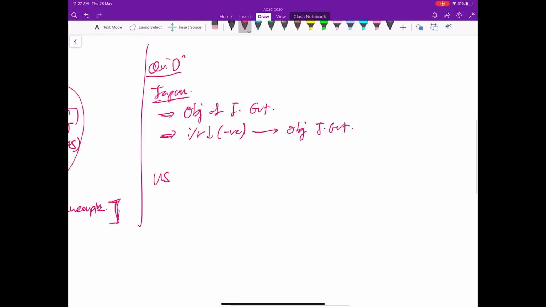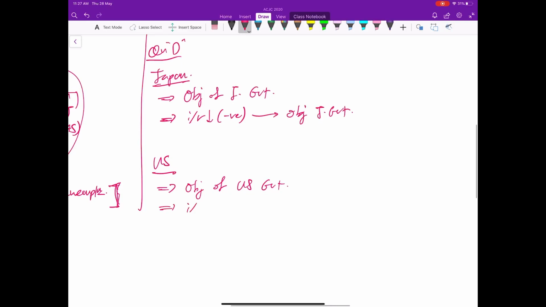Then for the US, you need to explain what the objective of the US government is, and then how interest rate increasing achieves the objective of the US government.